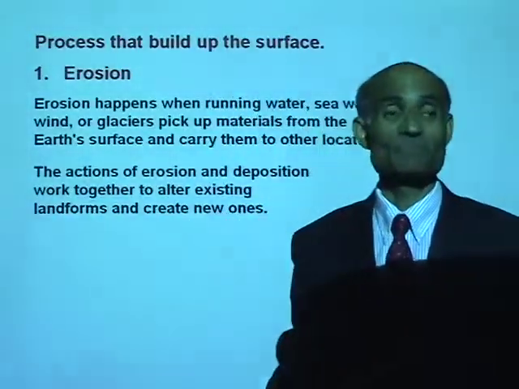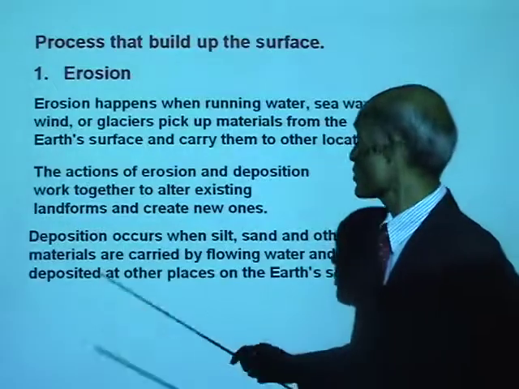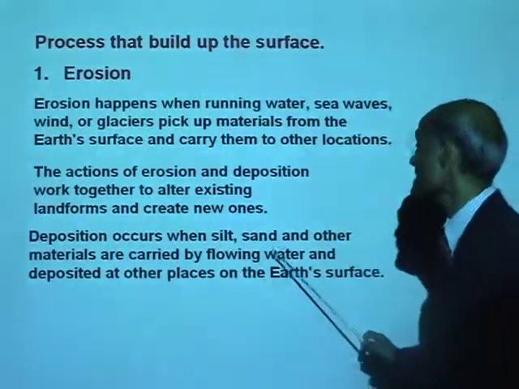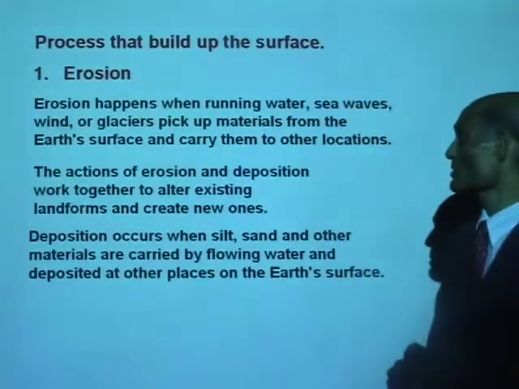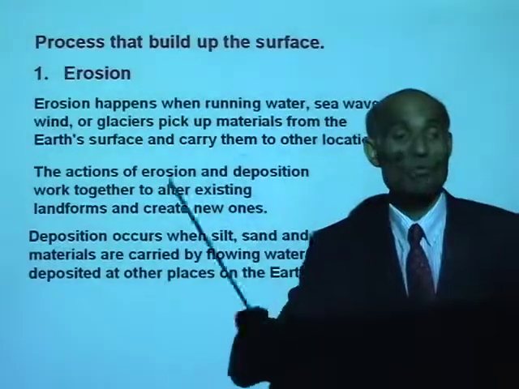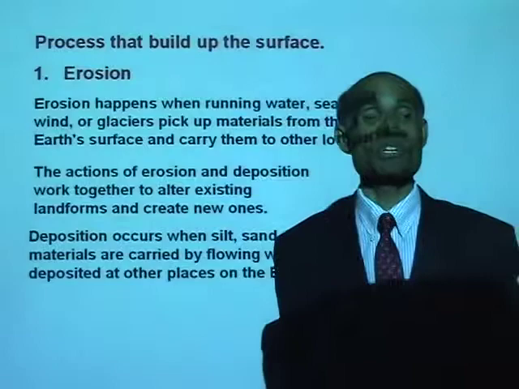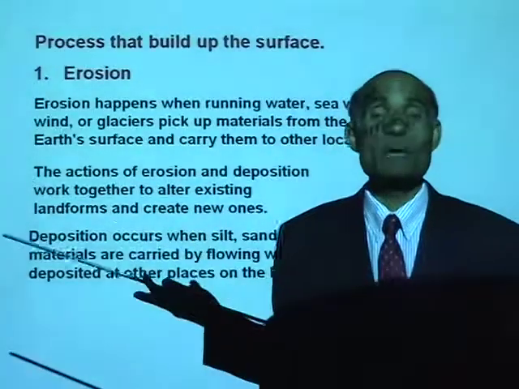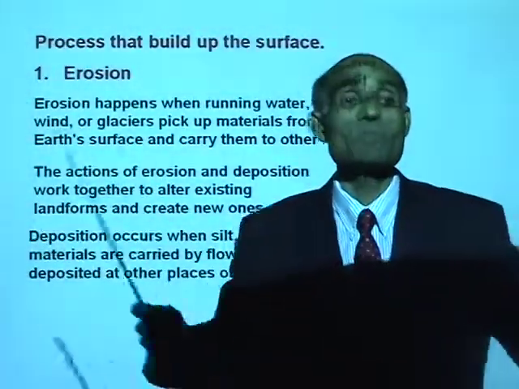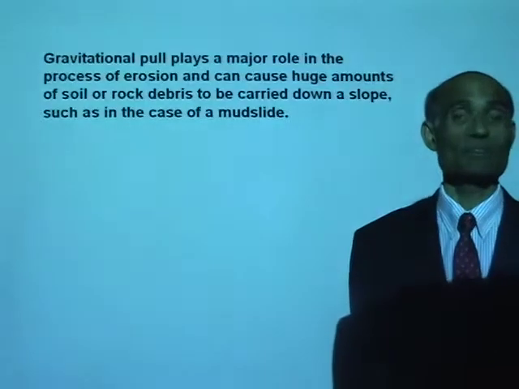Is that right? Now, deposition occurs when silt, sand, and other materials are carried by flowing water and deposited in places on the surface of the earth. We see examples of that in many, many places on the surface of the earth.